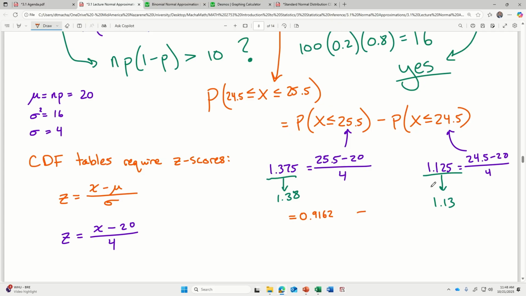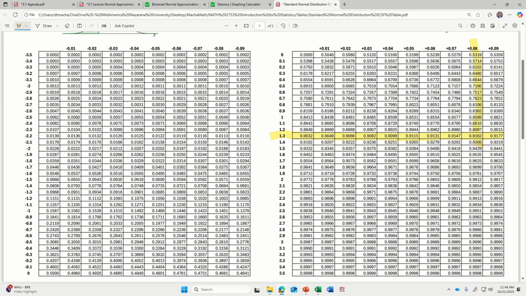Then we look for 1.13. There's 1.1, there's 0.03. So that probability is 0.8708.